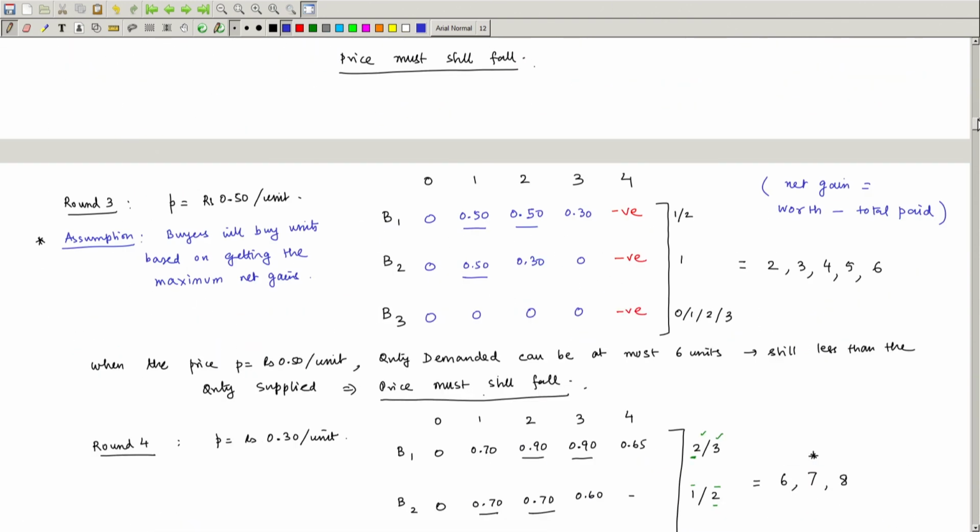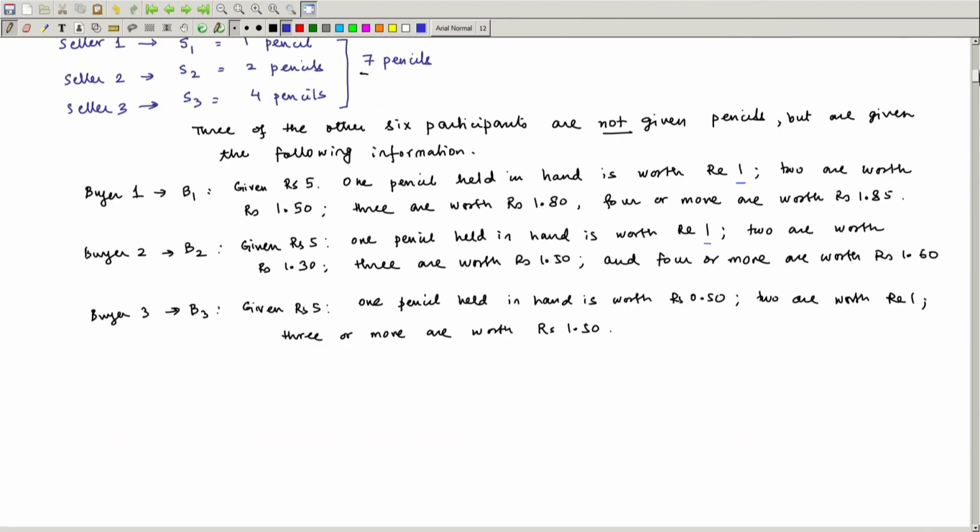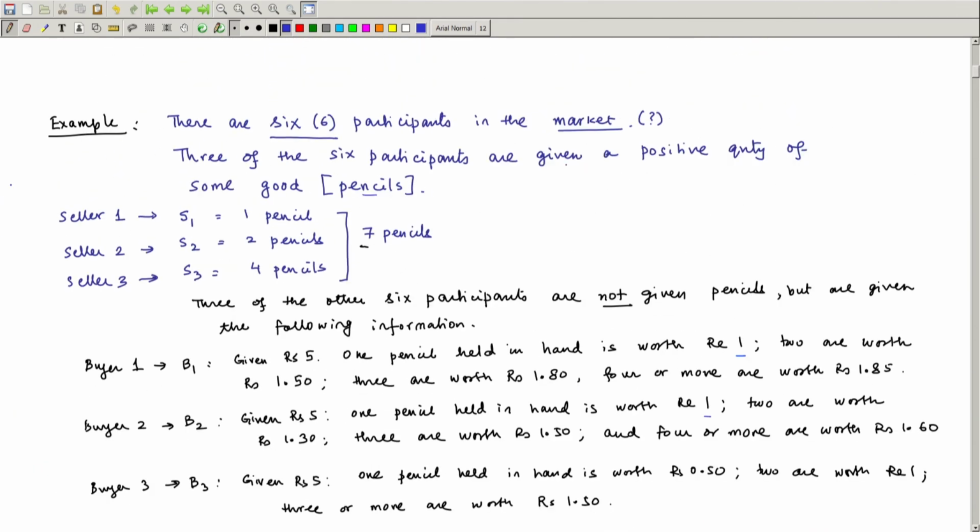So, the rules were that there are 3 sellers, 3 buyers, seller 1 is given 1 pencil, seller 2 is given 2 pencils, seller 3 is given 4 pencils. For buyers, we were given information about how much the pencils are worth, right. So, the rules under which trade takes place were given on this piece of paper, right. You change the rules, your outcome is also going to be different, right.